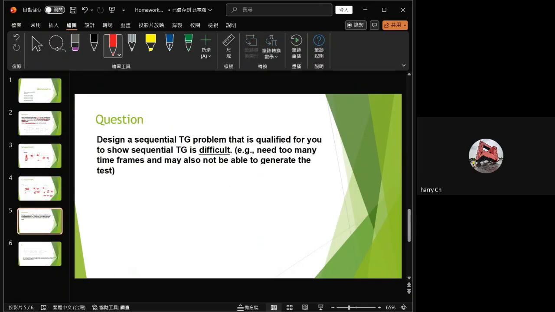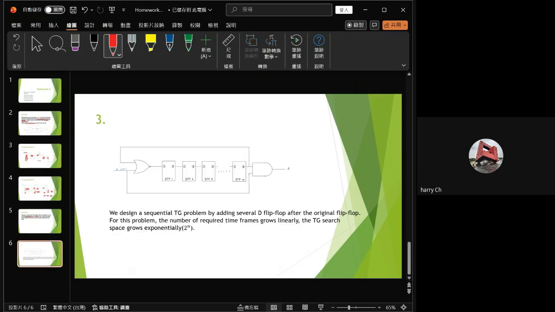And next question: design a sequential test generation problem that is qualified for you to show sequential test generation is difficult. Our team gives one example.